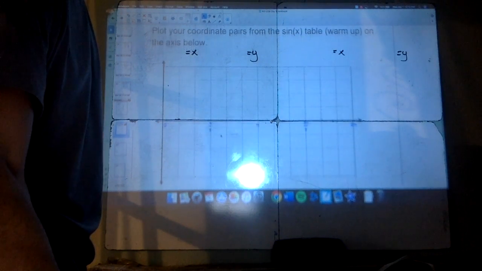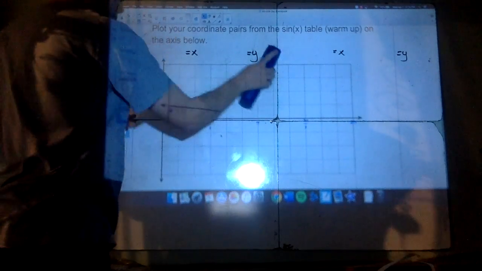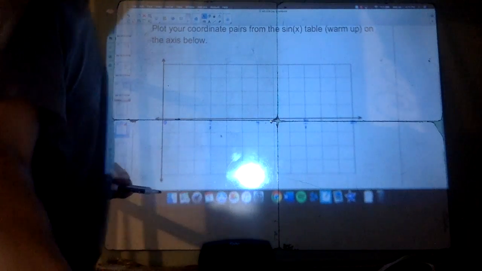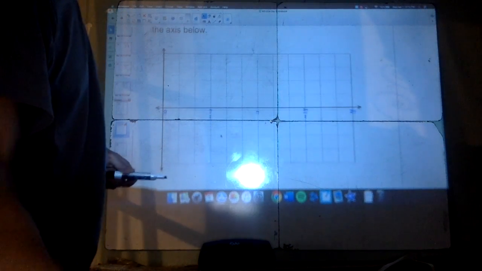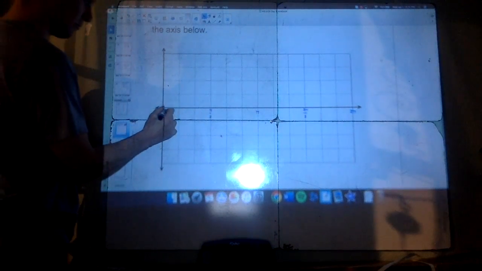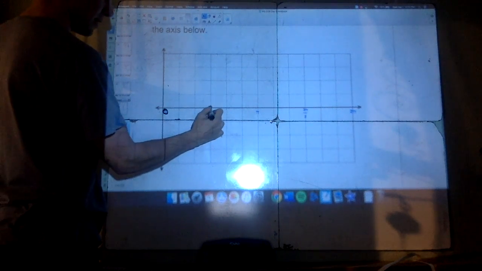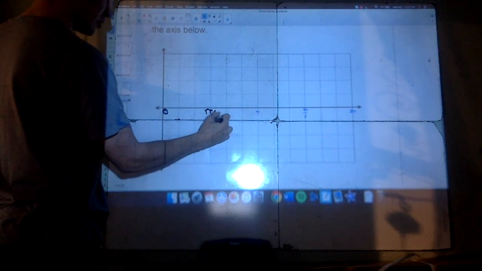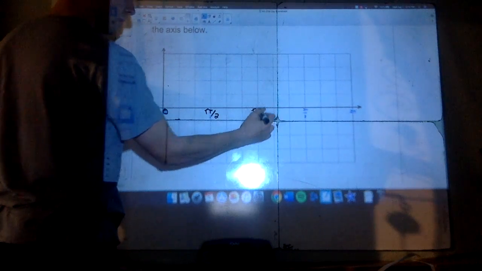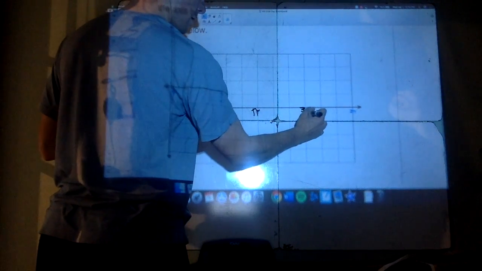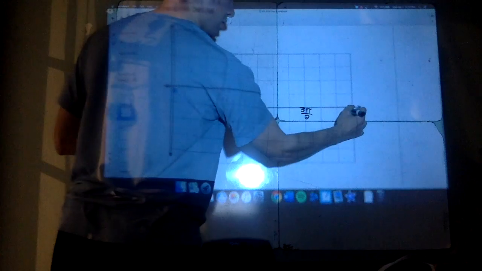So what that's going to look like is we're going to plot it on a graph. What I want you to do is copy this graph down. What's important here is this is 0 for x, and then it counts by pi over 2, pi, 3 pi over 2, and 2 pi.